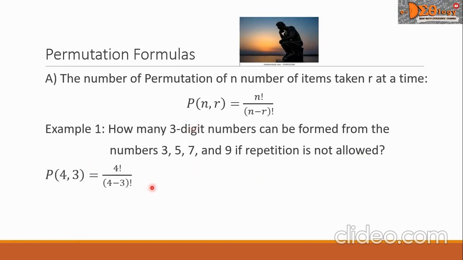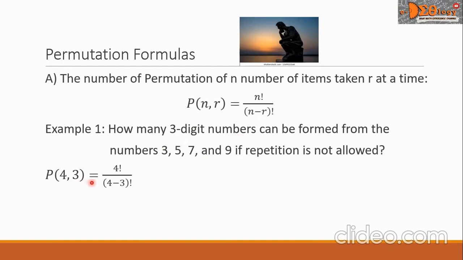Using this formula, let us now write P of 4, because there are 4 digits, namely 3, 5, 7, and 9, comma 3, because the required is a 3-digit number.